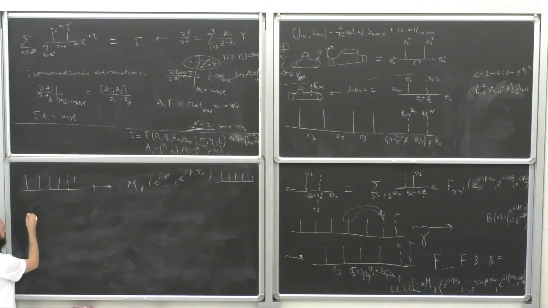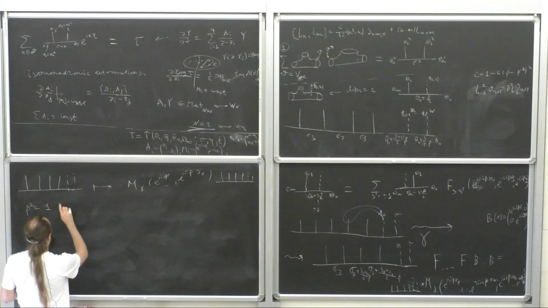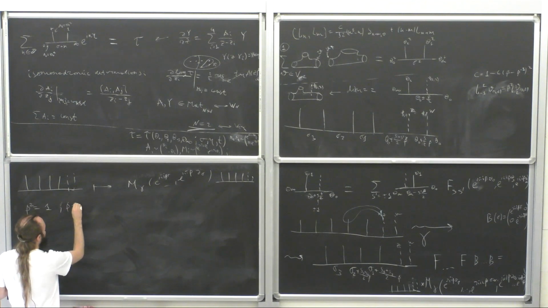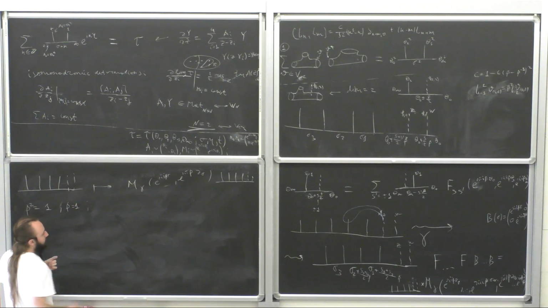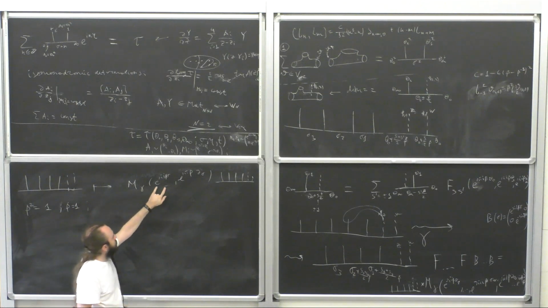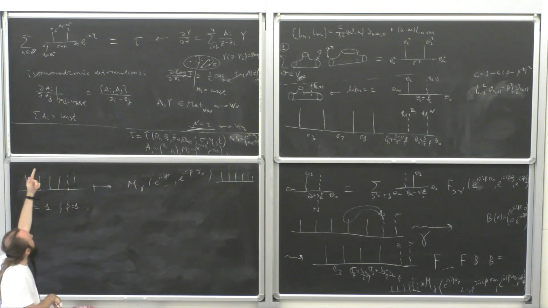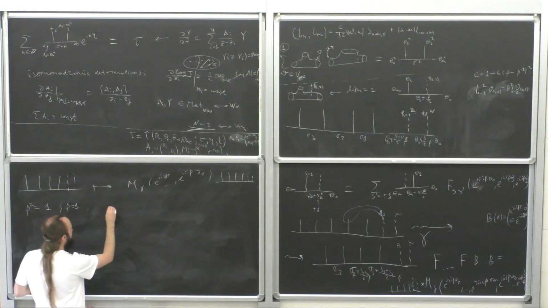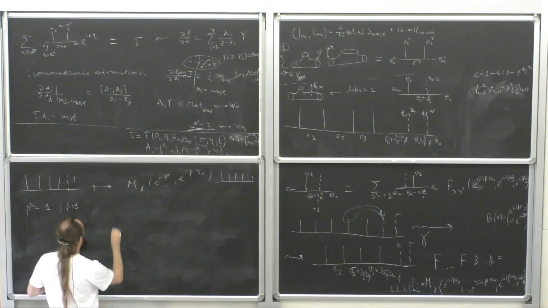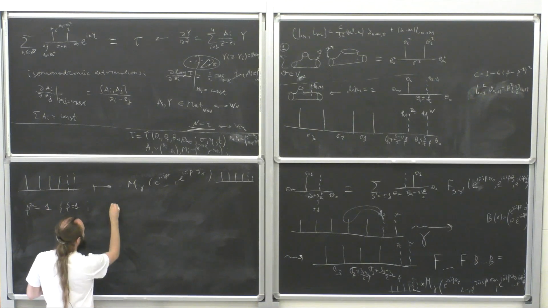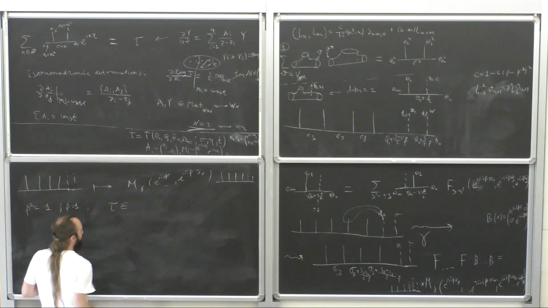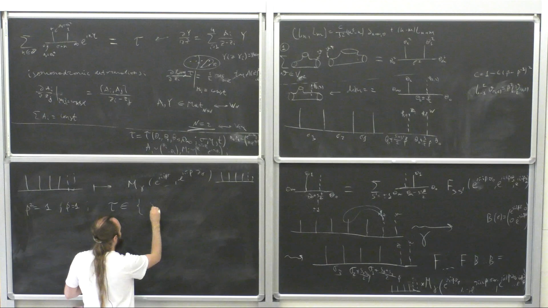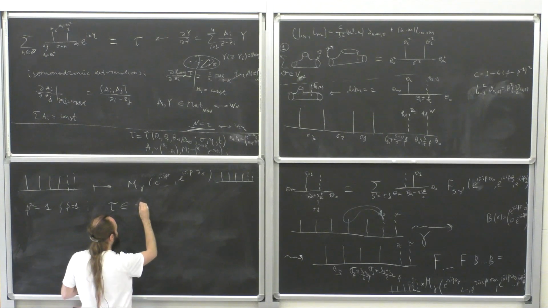Here we say that when beta squared is equal to 1, then we can say that these operators can be diagonalized simultaneously, which means precisely that we write the Fourier transform. So instead of this conformal block, we say that tau is the element of space of conformal blocks.